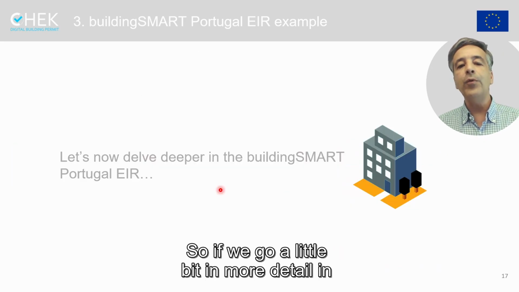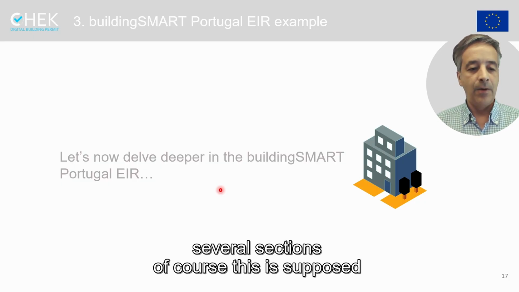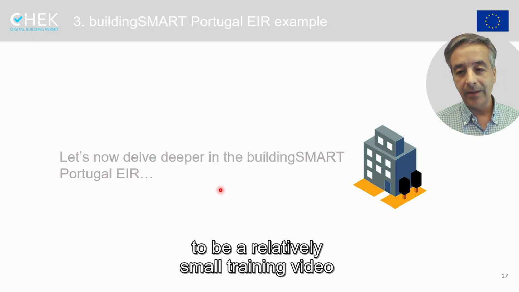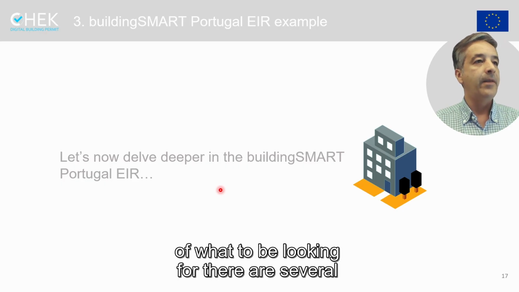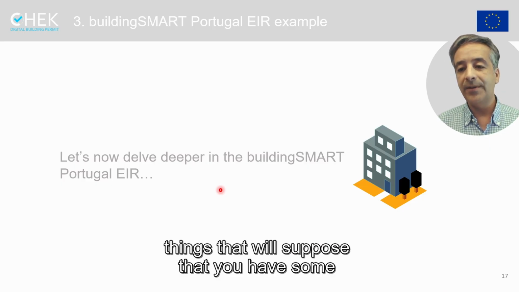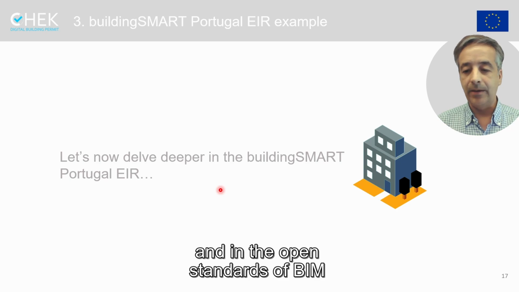So if we go into a little more detail in the Portugal EIR, we can go through the several sections. Of course, this is supposed to be a relatively small training video. It's supposed to give you a little bit of a map of what to be looking for. There are several things that suppose you have some degree of knowledge in BIM, in modeling, and in the open standards of BIM.